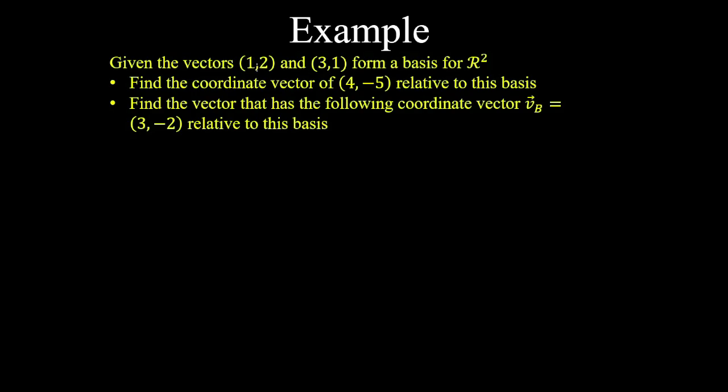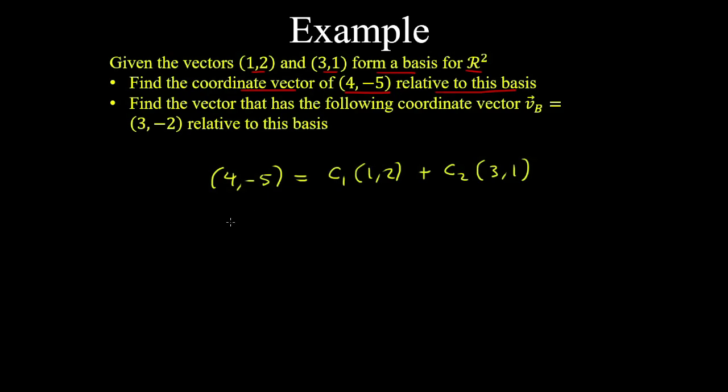Given that we found in a previous problem that the finite set containing these vectors form a basis for R2, we're asked to find the coordinate vector of this vector with the following components relative to this basis. So therefore this vector with components 4 and minus 5 is equal to some coordinate, being the coefficient, multiplied by the first basis vector plus the other coordinate by the second basis vector.